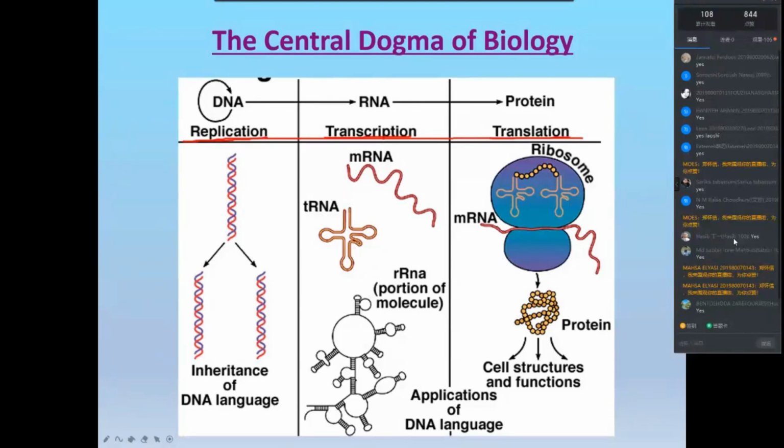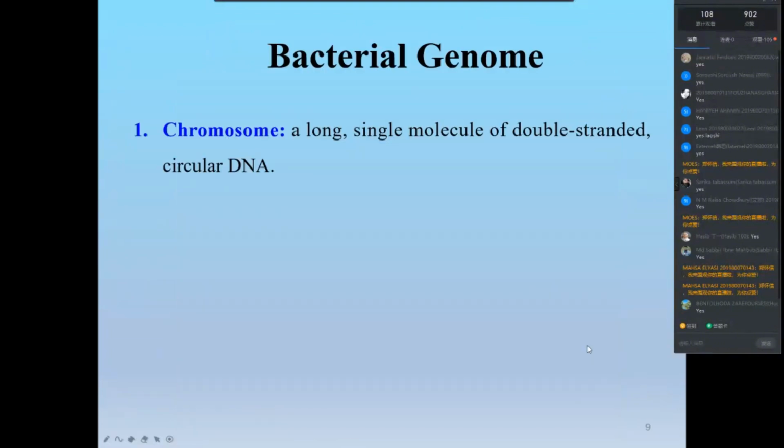That's not happening in bacteria, because in bacteria all the genes are continuous. So there is no intron in bacteria. Just to give you a better impression of the central dogma, but keeping that in mind, in bacteria there is no intron.